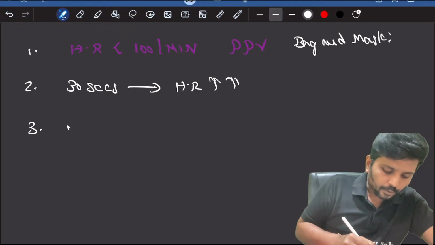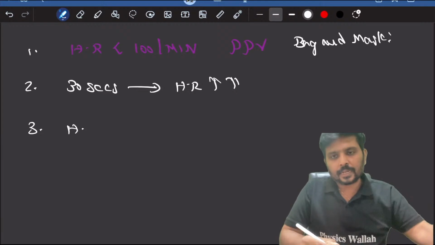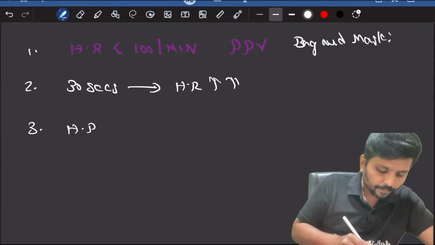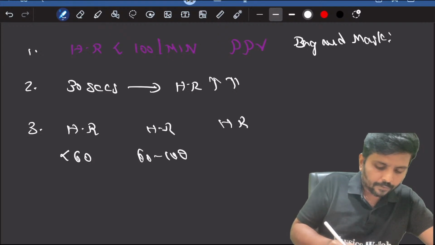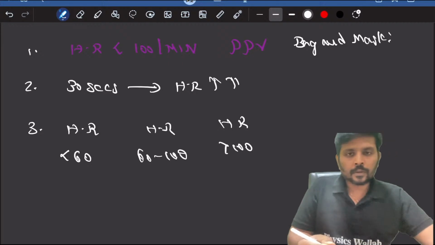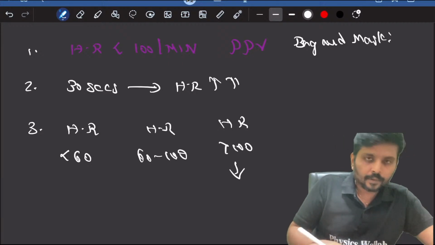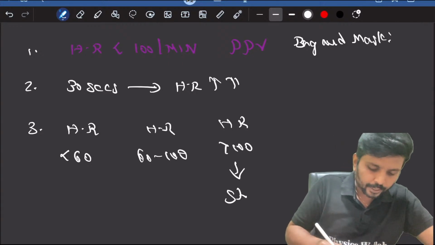After 30 seconds of bag and mask ventilation, you can have a heart rate of less than 60, 60 to 100, or more than 100. Heart rate of more than 100 means you are successful, you need to stop bag and mask.